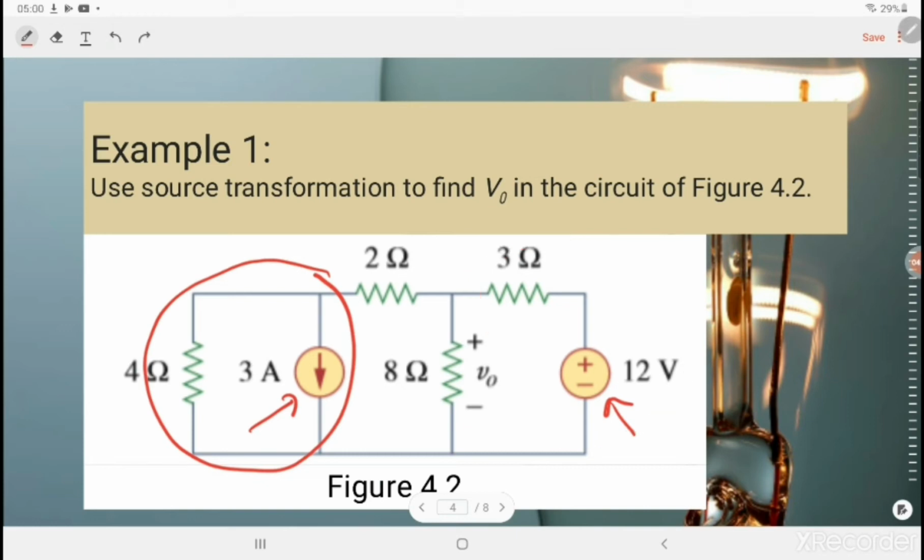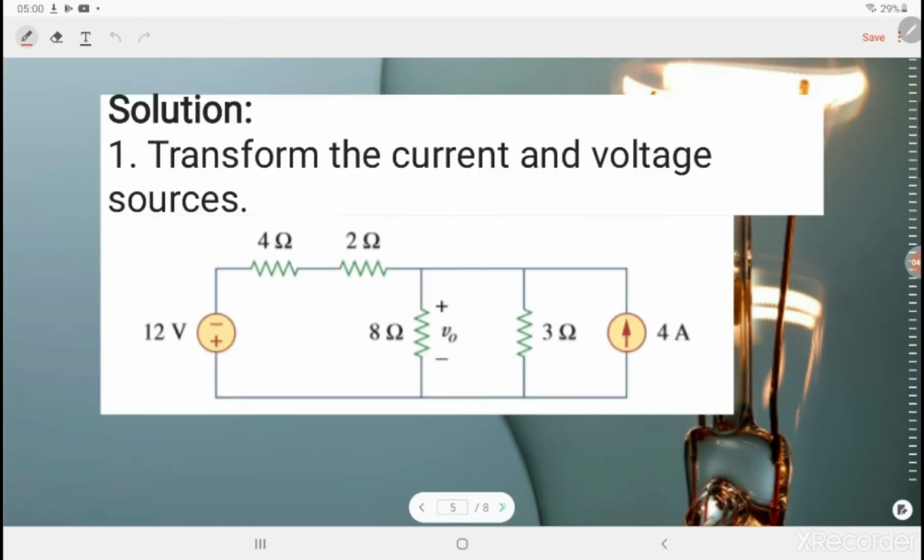That means we can convert the current source into a voltage source, and the voltage source into a current source. So let's transform the current and voltage source.